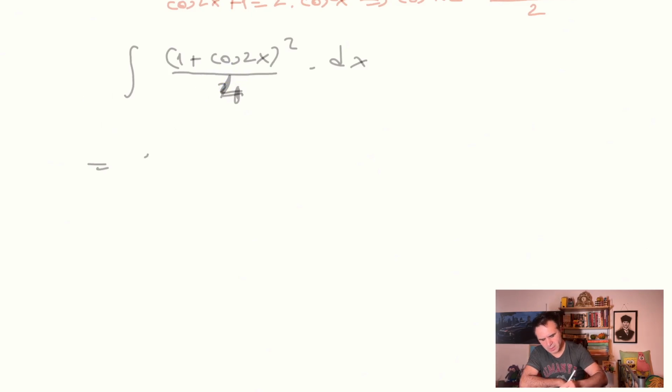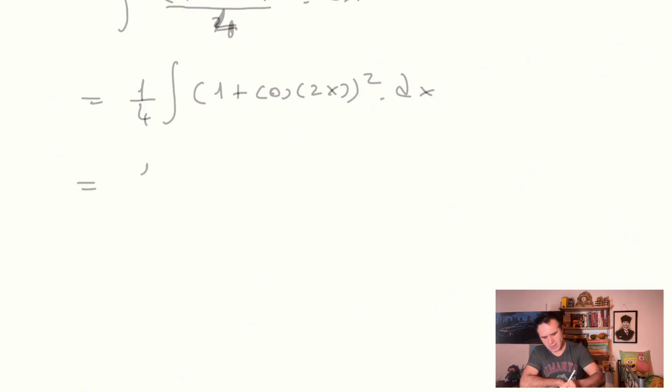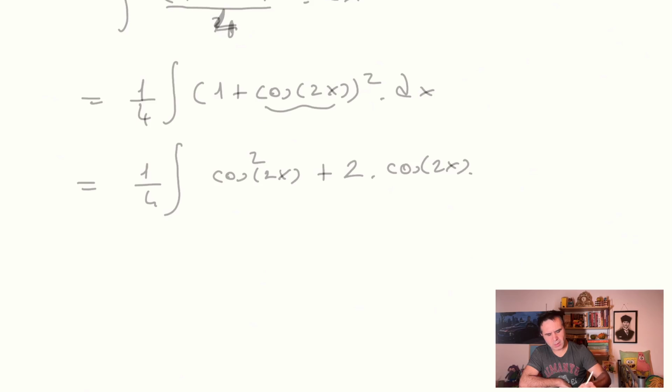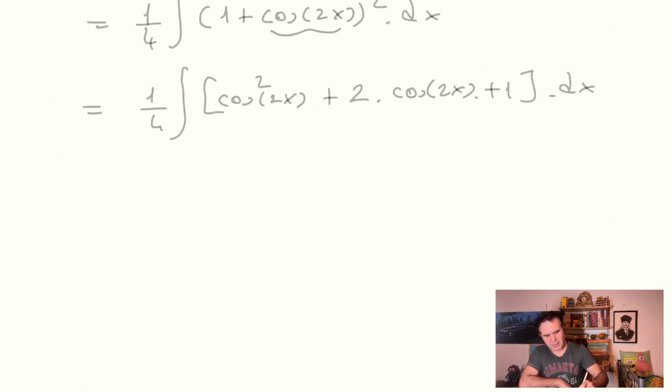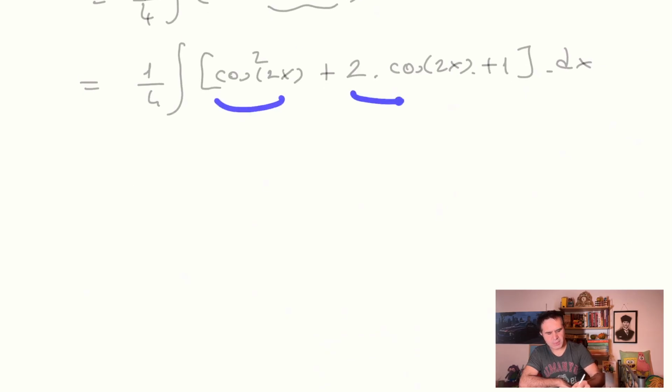So the integral becomes 1 over 4 times the integral of (1 plus cosine 2x) squared dx. And this will be equal to 1 over 4 times the integral of cosine square 2x plus 2 times cosine 2x times 1 plus 1 dx.